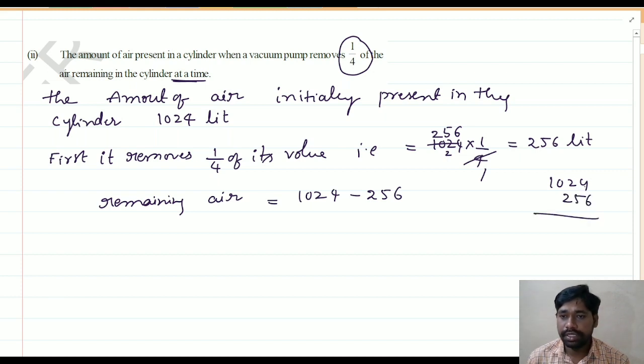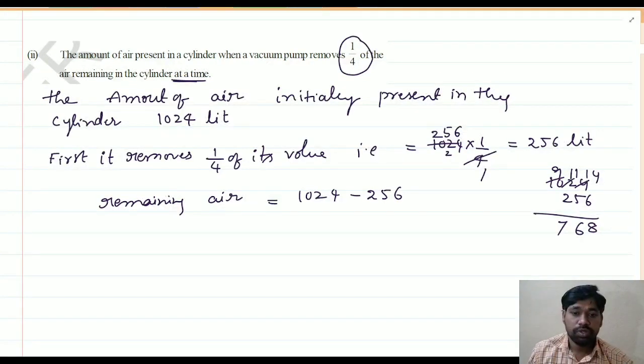If you subtract, 4 is not subtractable from 2, so take a borrow, it becomes 14. 14 minus 6 gives 8. Then 1 is not subtractable from 5, so again take a borrow, it becomes 11. 11 minus 5 gives 6, and 9 minus 2 gives 7. So we are getting 768. So the remaining air present is 768 liters.